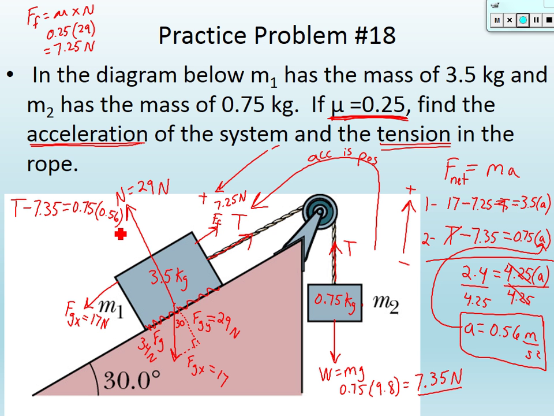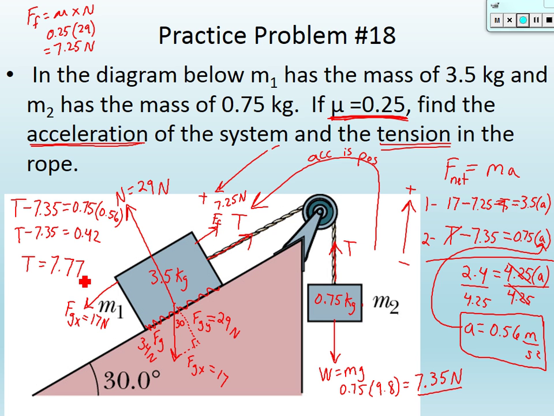So 0.75 times 0.56, 0.42. So tension minus 7.35 is equal to 0.42. To get tension by itself, I'm going to add 7.35 to both sides. So tension is equal to 7.77.